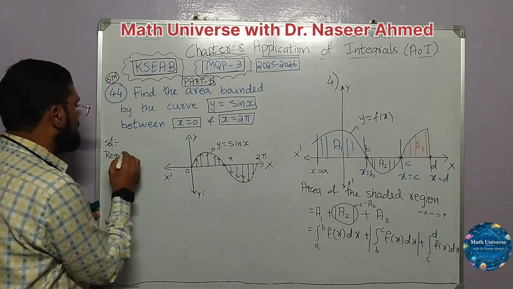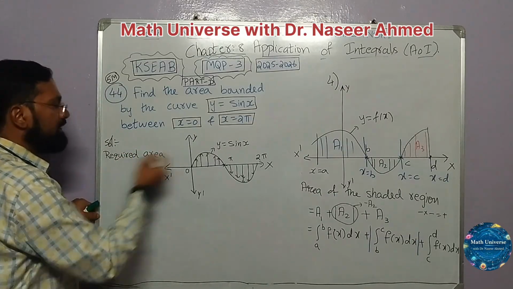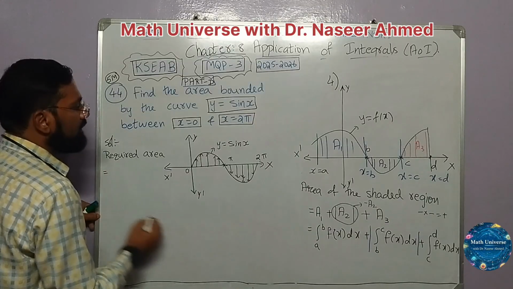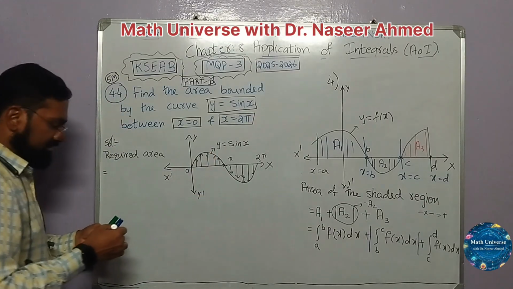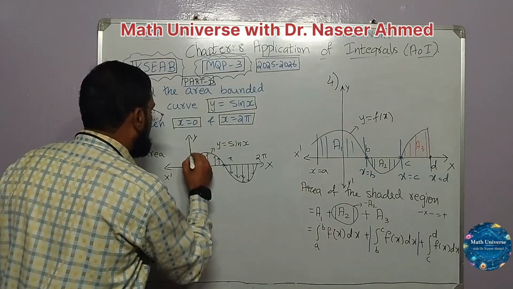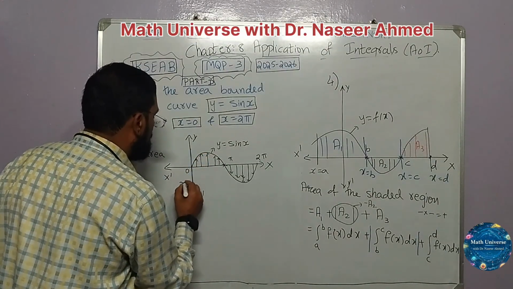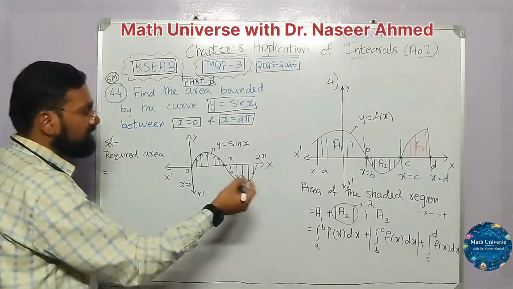The required or shaded area is equal to, see, from this line, this is the y-axis. What is the equation of the y-axis? It is x is equal to 0. And then you may ask, what is the equation of the x-axis?